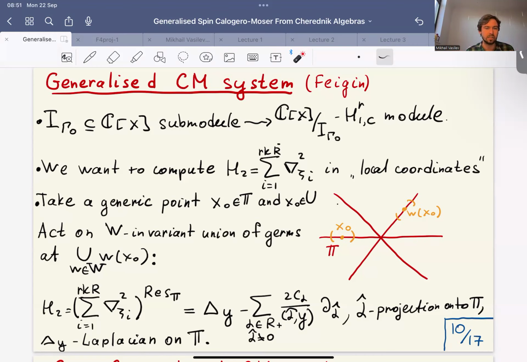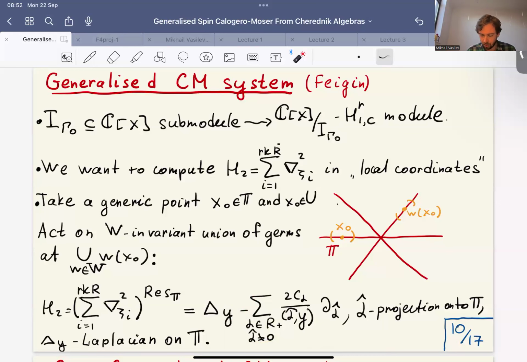There are some simple technicalities for how to do that, so we'll skip them, but the resulting operator is the following. We obtain the Laplace operator on the plane pi, and we obtain this potential part.